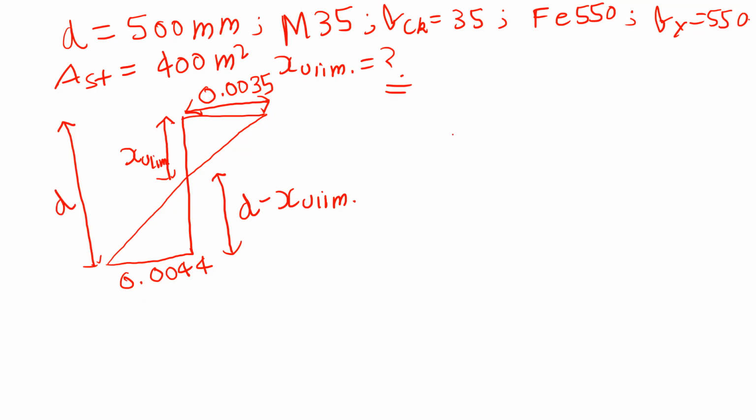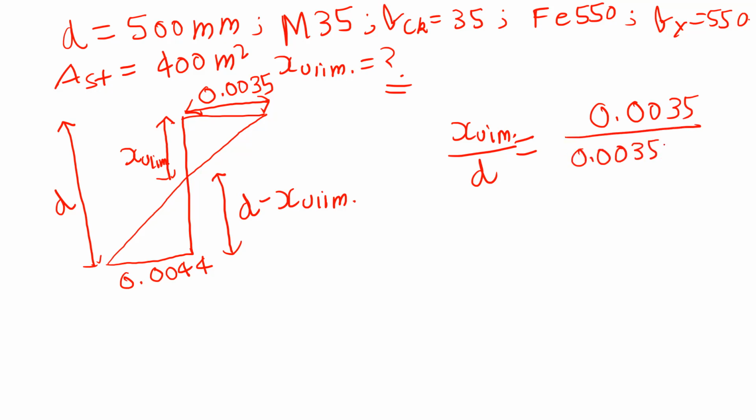By using the concept of similar triangles, xu limiting divided by d would be equal to 0.0035 divided by 0.0035 plus 0.0044. After putting it in the calculator, you would get xu limiting equals 0.44 d.